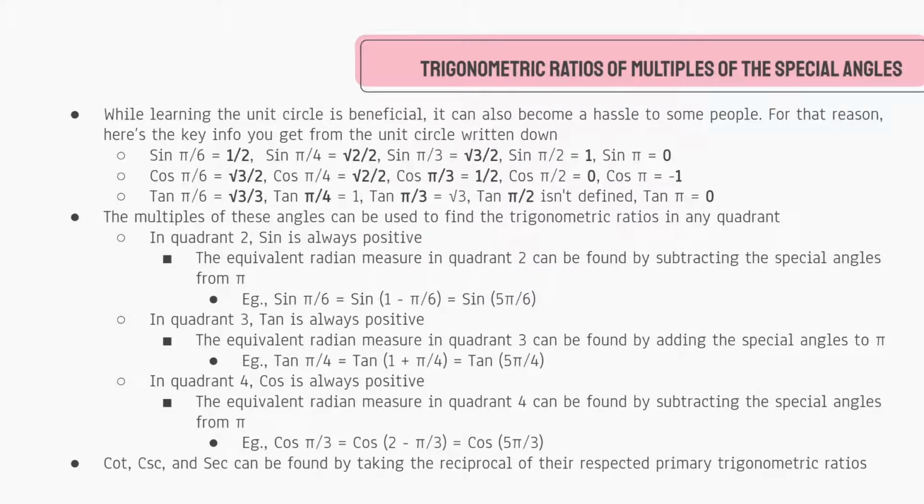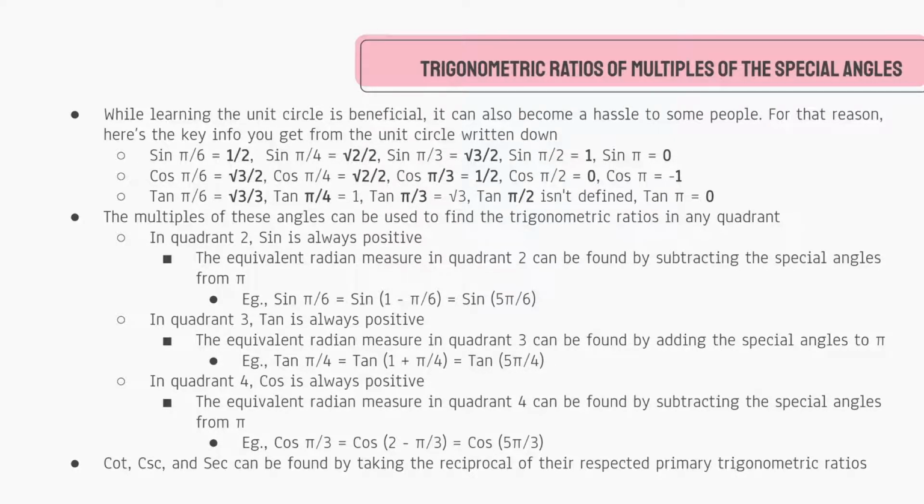Now for quadrant 3, we know that tan will always be positive, and the way you find the equivalent radian measure is to simply add the special angles to pi. The reason why I have 1 here instead of pi is because I made a mistake, but you should understand that it should be pi. Essentially, again, for tangent, tan pi over 4 is equal to tan of pi plus pi over 4, which is 5 pi over 4.